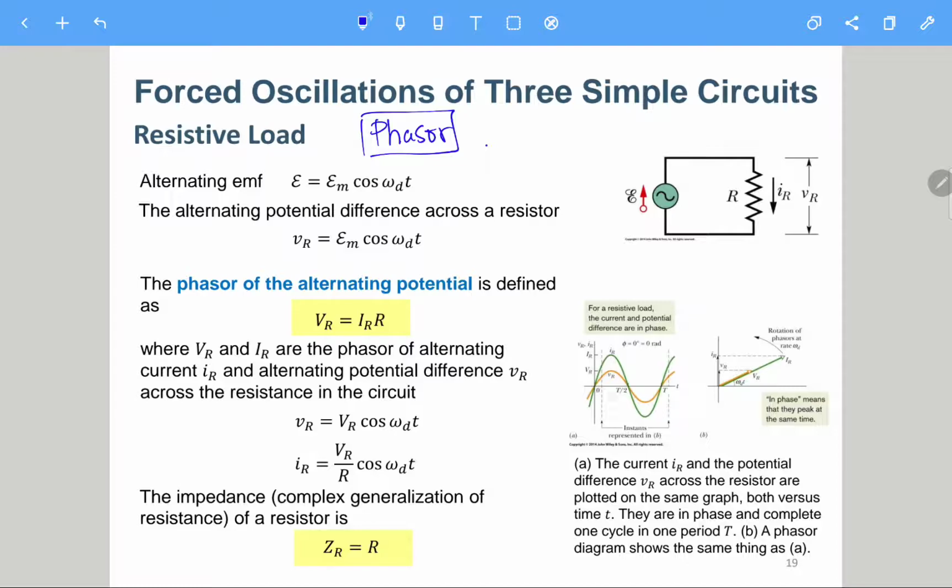When I studied physics in high school, I think I learned phasors, but of course I didn't really know what it meant. I suppose you might have learned this before, but I will try to explain why it looks like this. So here we have a resistor, which is the simplest case.